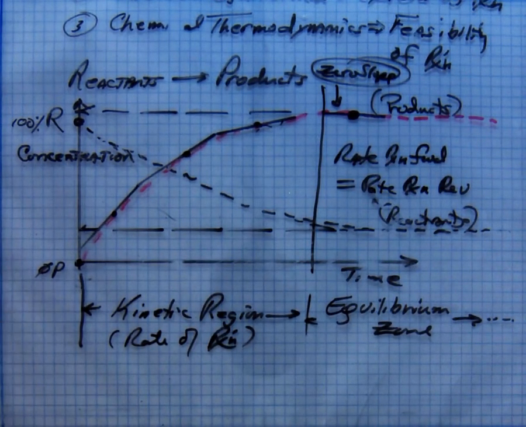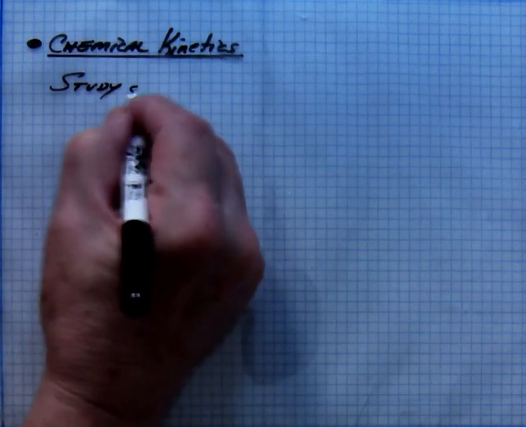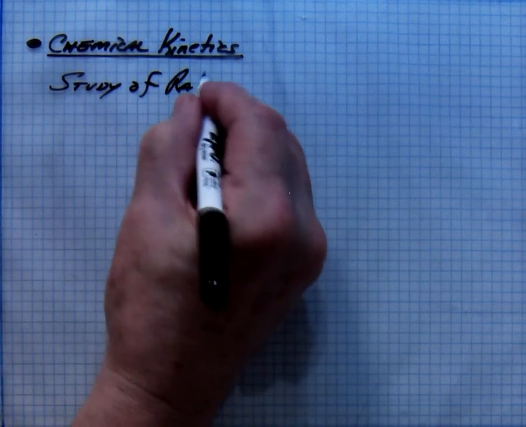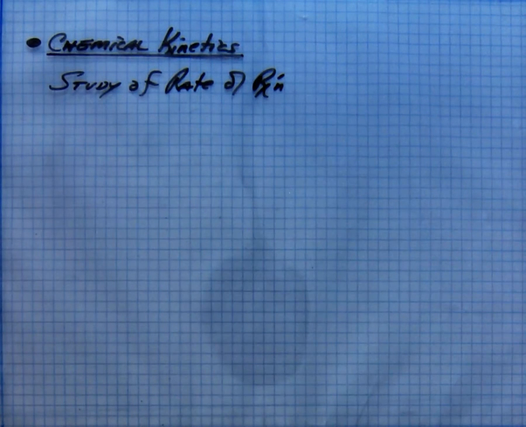Our interest at this particular point in your study is the study of kinetics. So let's talk about chemical kinetics. As indicated in the introduction, chemical kinetics is a study of rates of reaction from beginning to the point in which it enters the equilibrium condition.